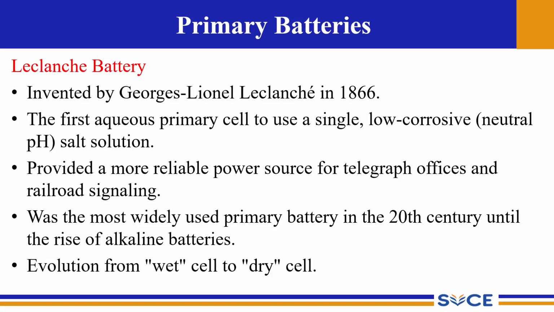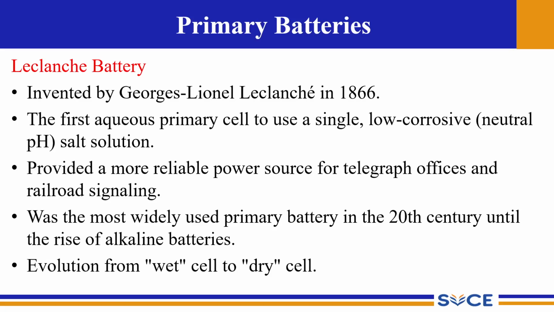It was the first aqueous primary cell to use a single low corrosive, that is a neutral pH, salt solution. Prior to Leclanché's work, the primary batteries often employed corrosive solutions such as ammonium chloride or mineral acid solutions. Leclanché's innovation offered a more stable and user-friendly power source.